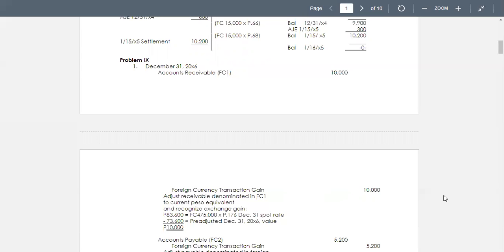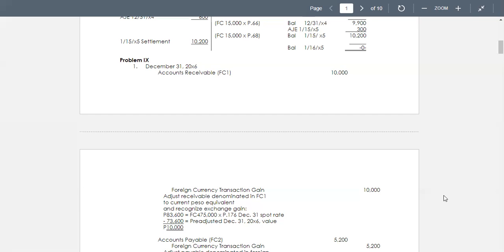Adjust for receivable denominated in FC1 to current peso equivalent and recognize exchange gain. 475,000 FC is equivalent to 83,600 pesos.